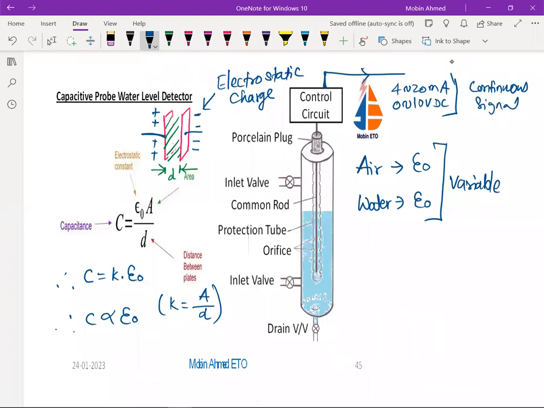So that means this particular sensor is going to be used for continuous water level control. Wherever we have continuous water level control, generally we can use this one.